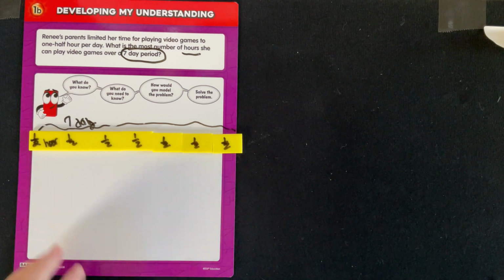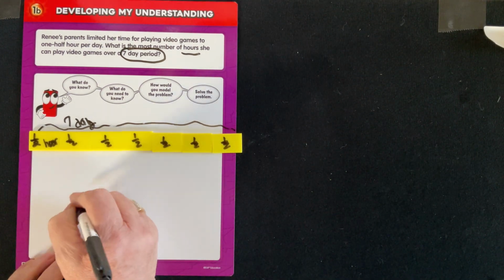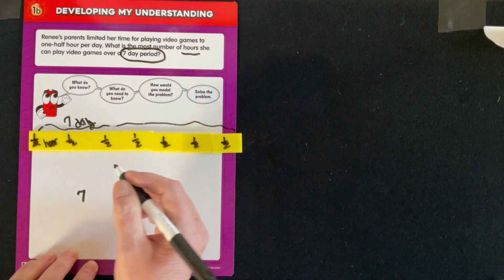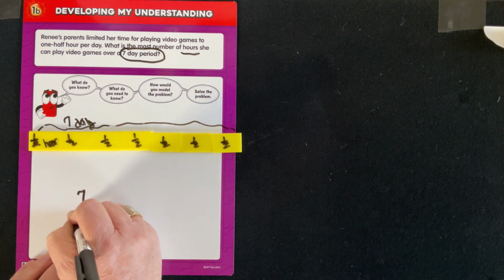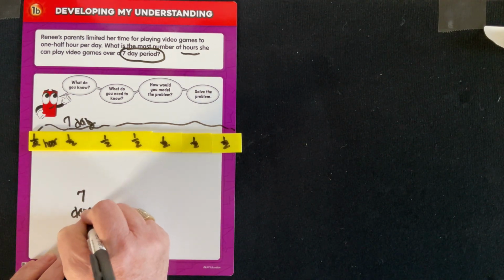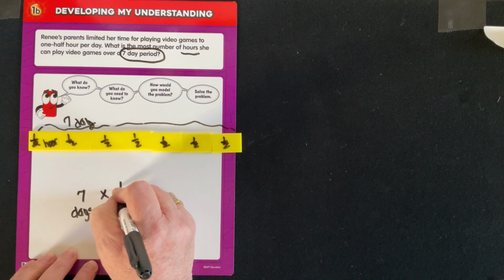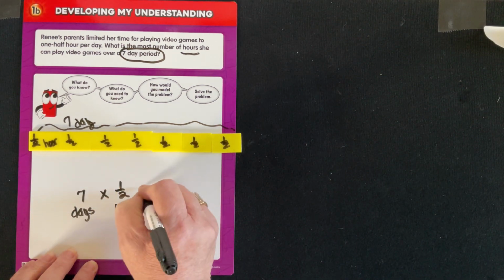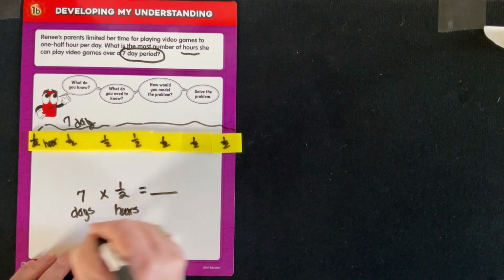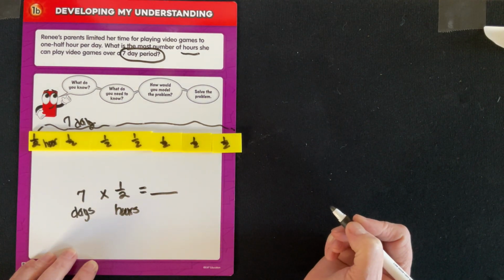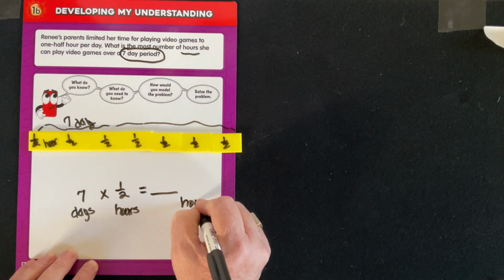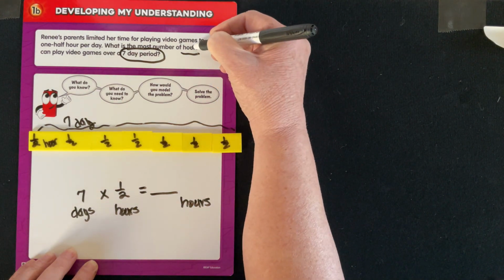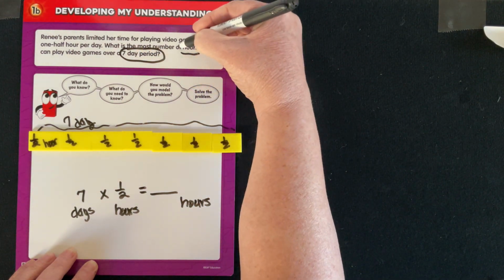If we wrote this out as a multiplication problem, we have 7 days of 1/2 hours. And our answer is going to be days or hours? That's right, it's hours. We know that because the problem asks what's the most number of hours.